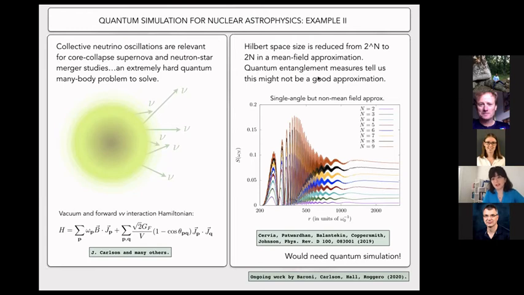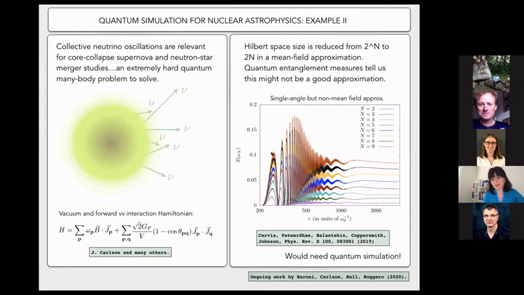However, there's a problem. As shown in this paper by Cervia and collaborators, if you look at measurements of the quantum entanglement of this multi-neutrino system and you solve the problem exactly, you'll find that the entanglement entropy as a function of the number of neutrinos actually grows. And with the mean field approximation, you're actually working in a zero entanglement entropy approximation.